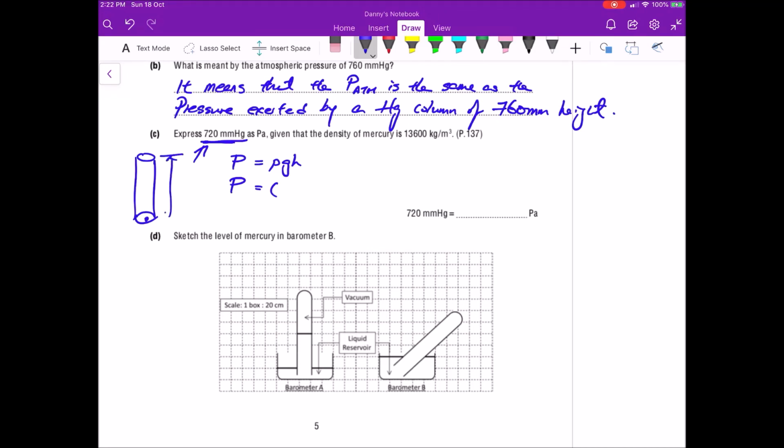It is a column that is 720 mm tall. So I will put in my density, then my gravity, and finally my height in terms of meters. Once I do that, I will be able to get the answer, and it has to be 2 significant figures.